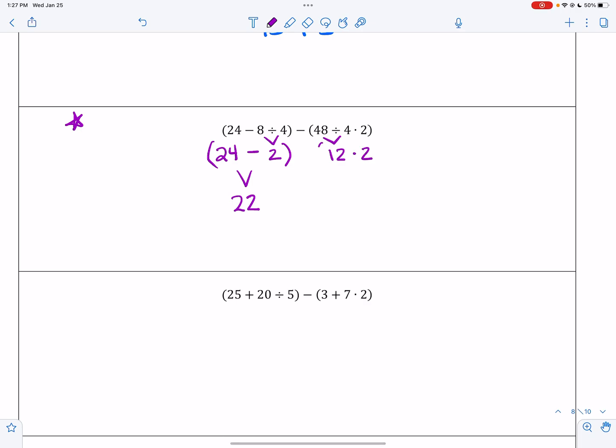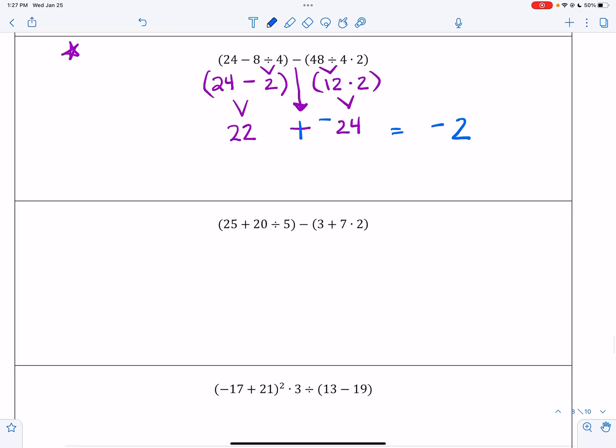Then I will multiply 12 by 2, and then I will get 24. And then I can bring down the subtraction sign in between. And if I need to, I can change that to adding the opposite, and I will get my answer of -2. And the reason I like that is I always try to put a problem on there where you will actually do division first rather than multiplication.